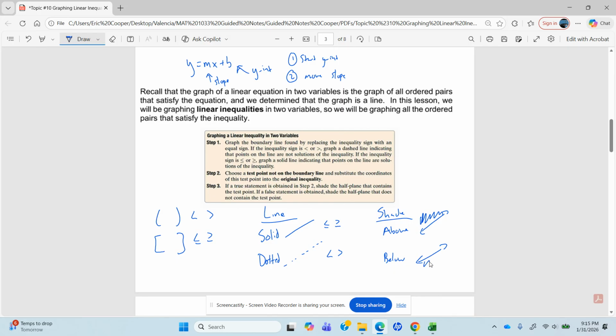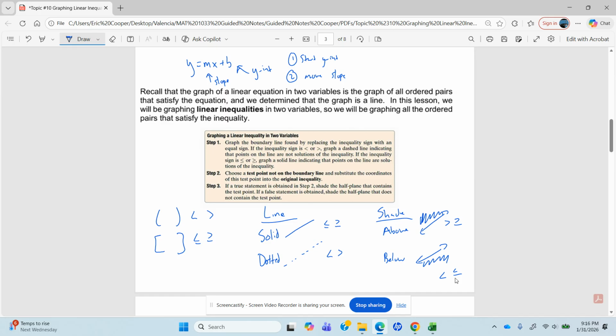Again, this all depends upon the sign, and this one should make sense. Above, where all the numbers are getting bigger. So anytime you have an inequality sign that has a greater than, we will shade above. If our inequality sign is a less than, we will shade below.